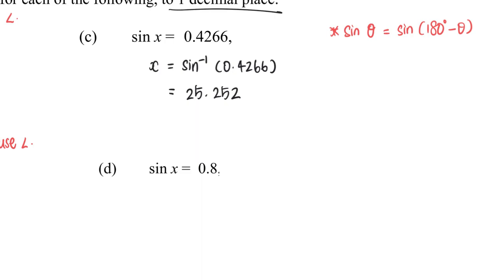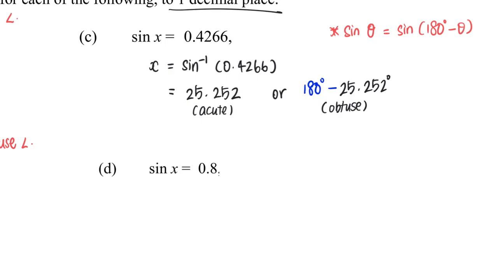But I also know that the obtuse angle will be 180 degrees minus this 25.252 degrees. This is my acute angle. This will be my obtuse angle. They will both return me that same ratio of 0.4266.